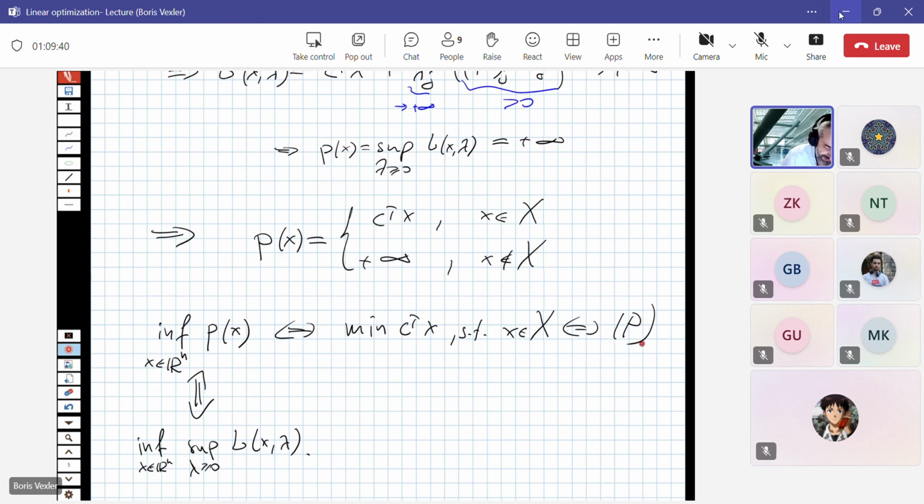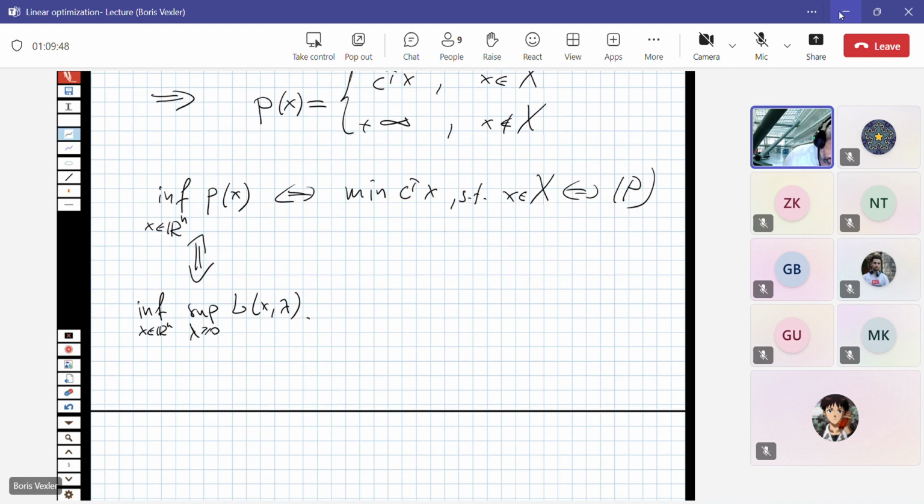Original problem P can be rewritten as inf sup of L. And now the idea is to consider the interchanged variant. Consider sup inf of L. Consider this problem.